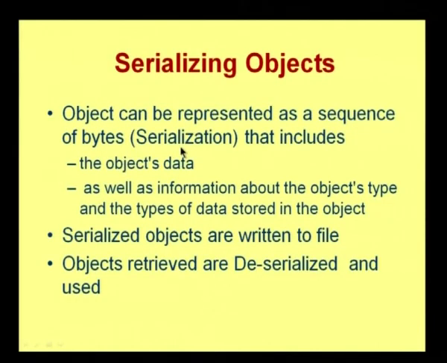We have seen various input and output classes as well as interfaces which could do this for us. We have also seen about ObjectInputStream and ObjectOutputStream, the streams which are capable of handling objects. Serialization means that you are going to convert your object's data as well as information about the object's type and type of data stored in the object. Whenever you have an object, the object has a state, meaning all the variables in the object.